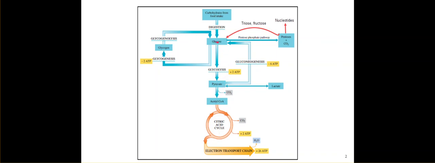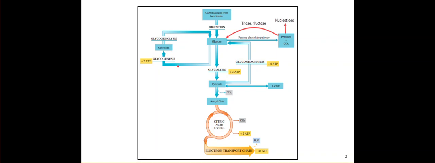So we're going to look at glycolysis tonight. But if you have too much glucose in your body and you don't need it, then what your body can do is form glycogen. If you remember, glycogen are these multi-branched chains of all these glucoses.